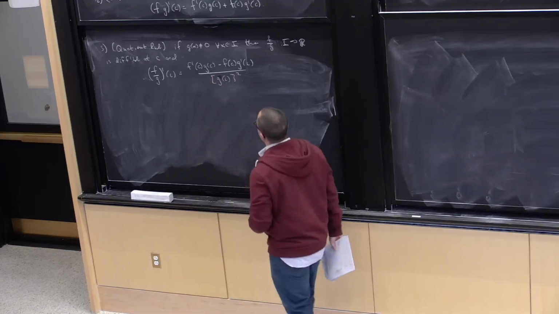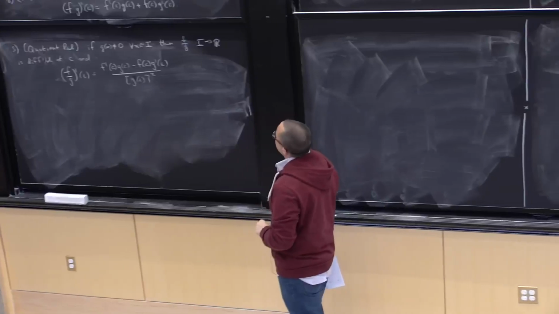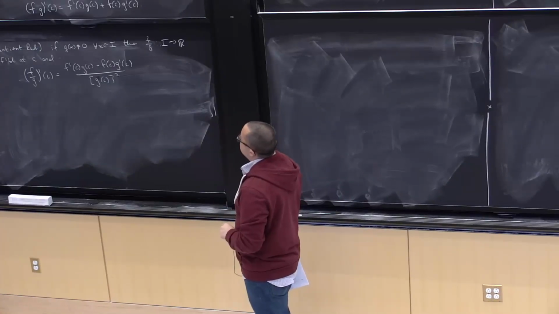Not g prime of c squared. Okay? So I'll prove 1 and 2. 3 we'll leave as an exercise.